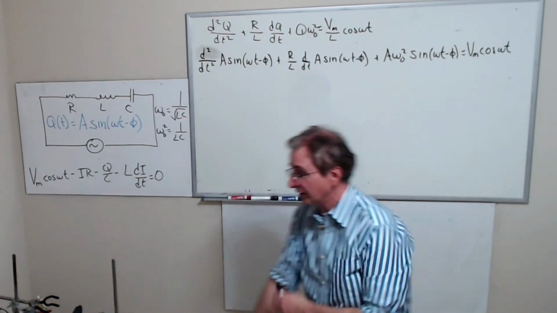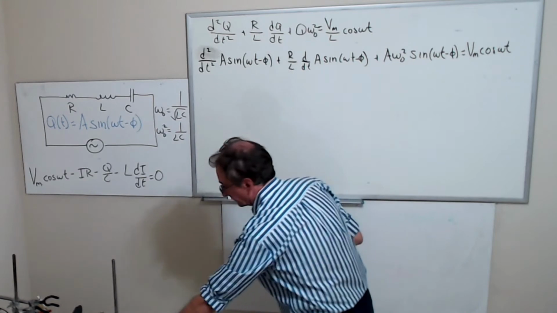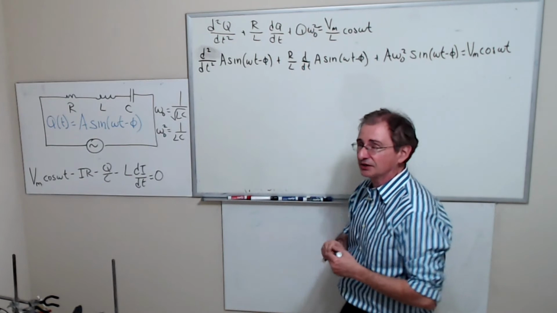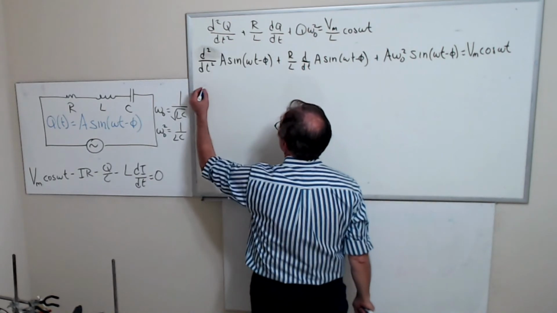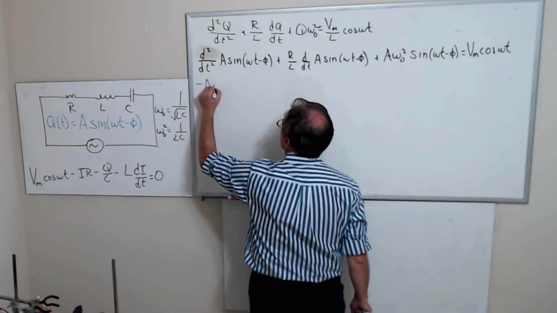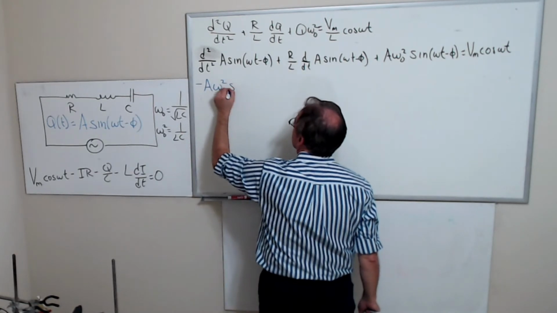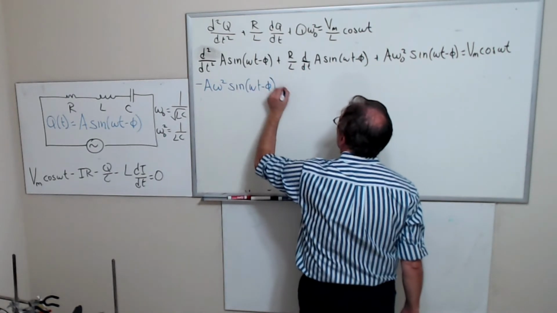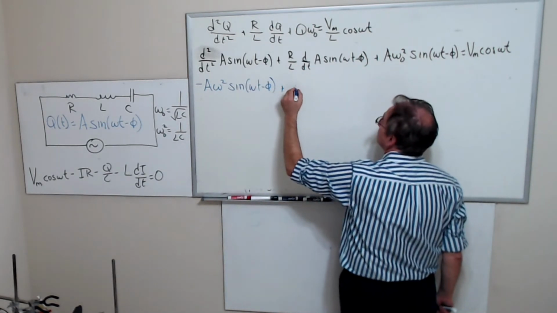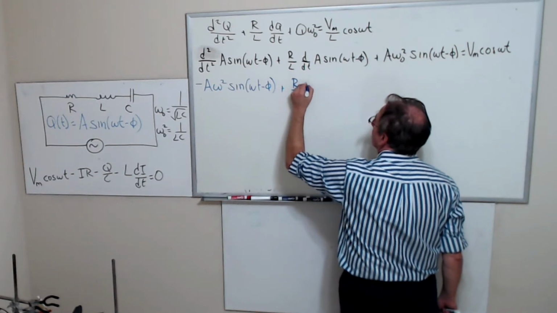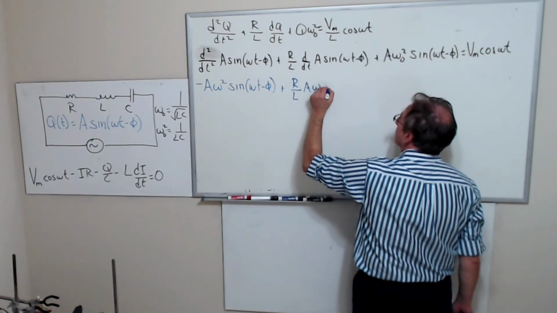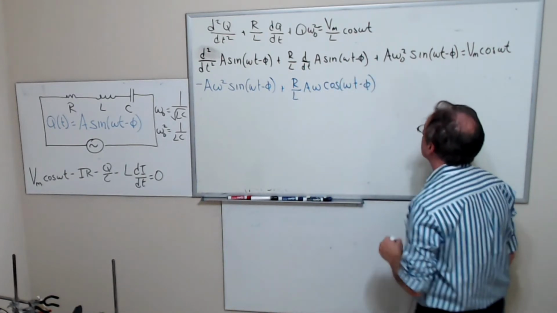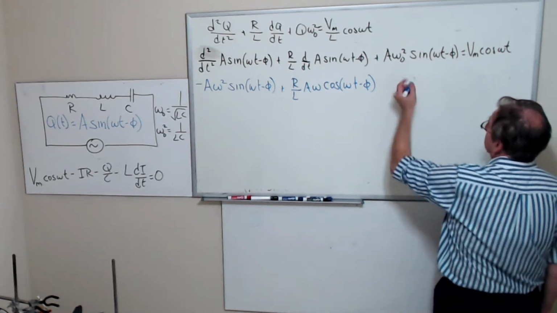Now taking the derivative of this with respect to time is not hard, because when I take the derivative of this twice, I'm going to get the same function again times a constant. So when I do this, I'm going to get minus A omega squared sine omega t minus phi. When I do this term, I'll get R over L, A omega cosine omega t minus phi. And then I just have this term.